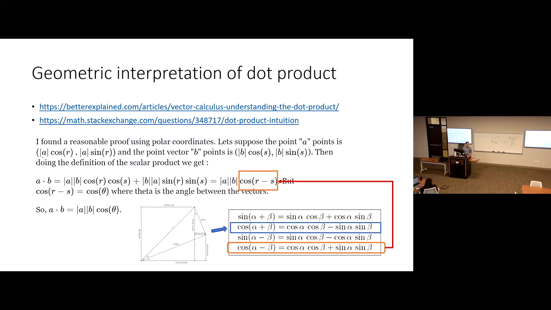I said that there are other ways to prove this relationship. This is a solution using a geometric way. A and B are two vectors, and they can be decomposed into X and Y components. For example, this is A, then you decompose this into magnitude of A with cosine theta, and this Y will be magnitude of A times sine theta.